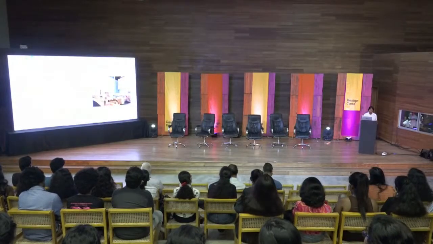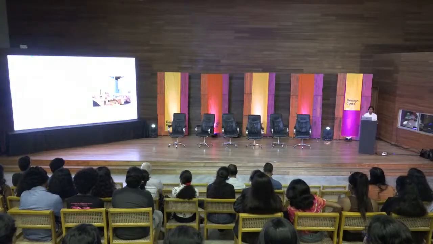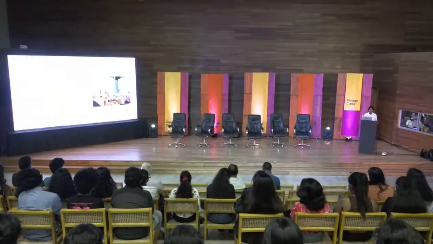The method of study consists of 3 phases: analysis of current packaging solutions for fragile, perishable goods, and in the competition in the market. Next, development of an innovative packaging, and last phase is prototype test. And these are some of globally available packaging for edible cutlery.